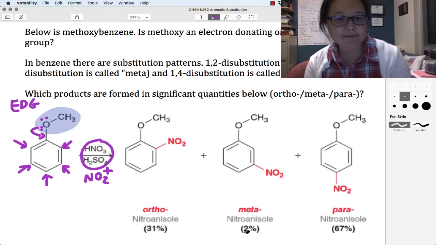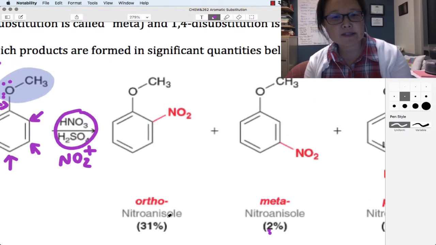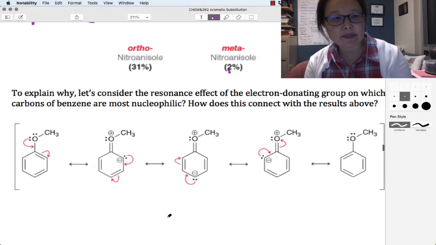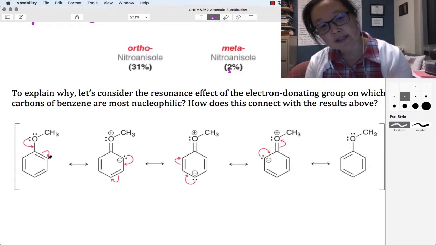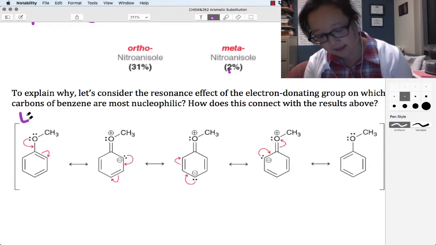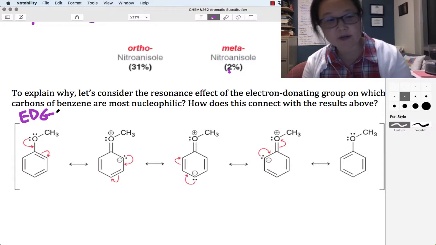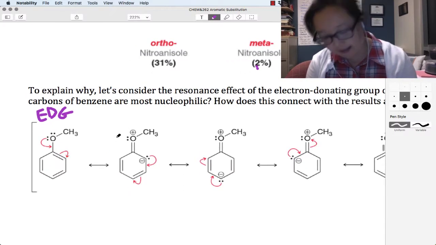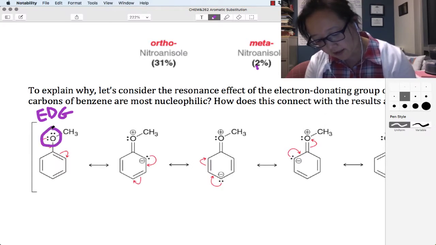Why is that? This has to do with some analysis of resonance. Let's take a look at that methoxy group and see the effect of it donating electrons into the ring. This is why it's called an electron donating group. It's donating by resonance. I can draw resonance structures showing that the negative charge due to the lone pair can be concentrated on different carbons.